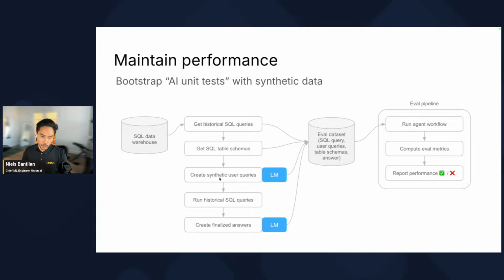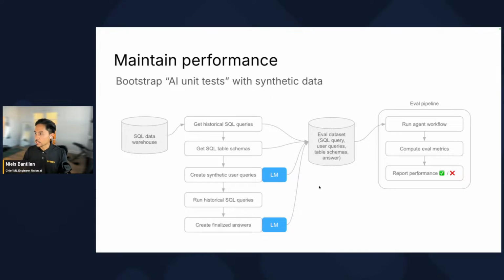And you'll then use an LLM to create synthetic user queries, saying, hey, based on these table schemas, what are some questions that you would want answered as a business analyst, for example? You'll get a bunch of queries and you'll run them on the actual data, and you'll get some table results, aggregated results back. And then you'll do another language model call to create the finalized answers.